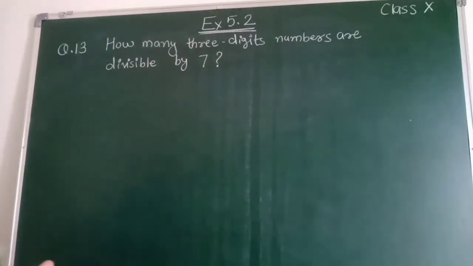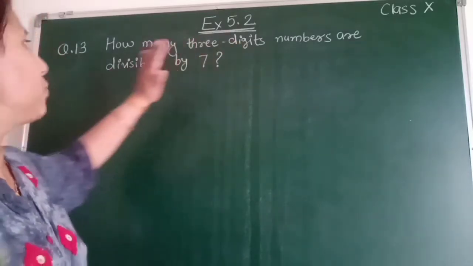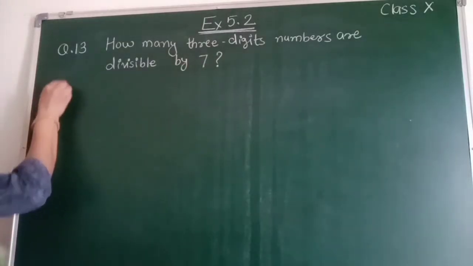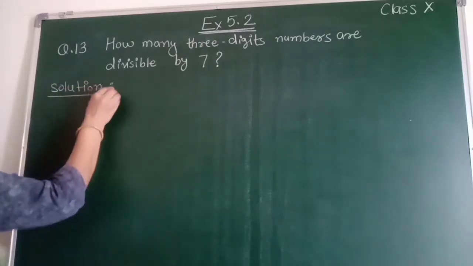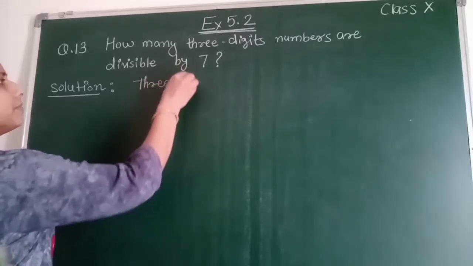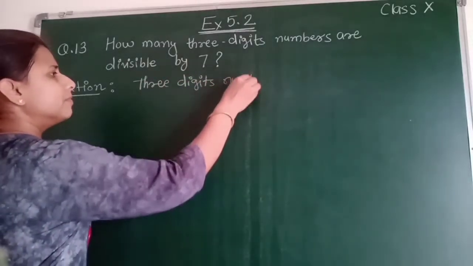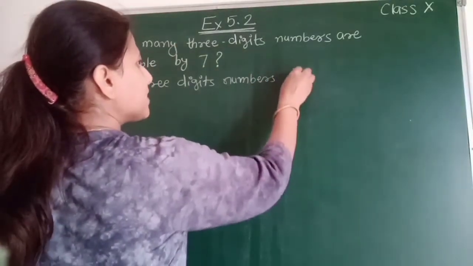We will make the list of numbers which have 3 digits and which are also divisible by 7. 3 digit numbers divisible by 7.